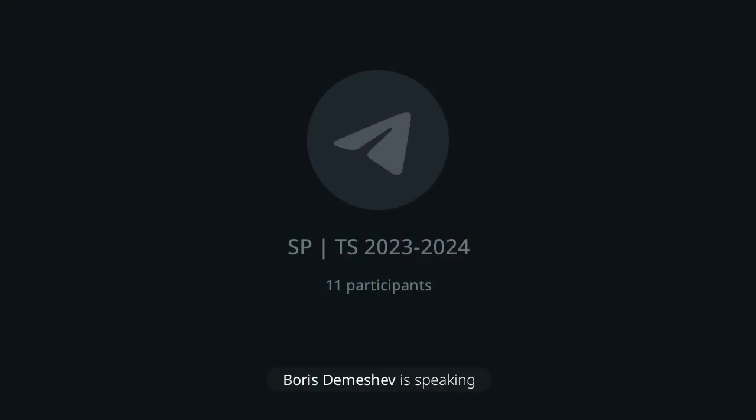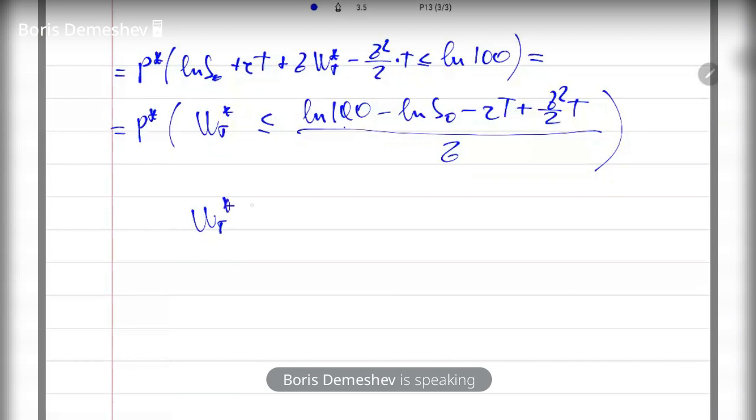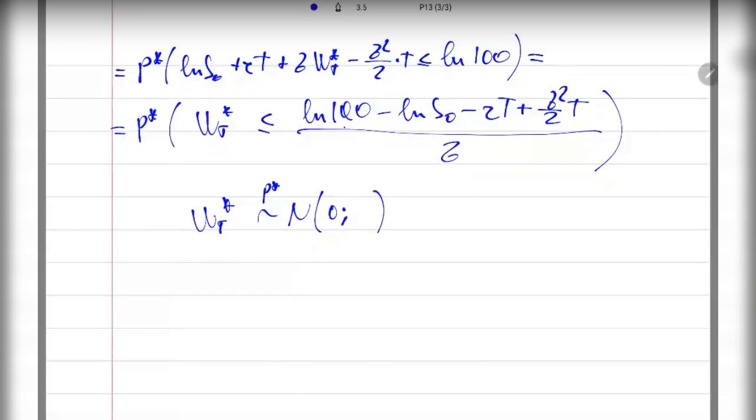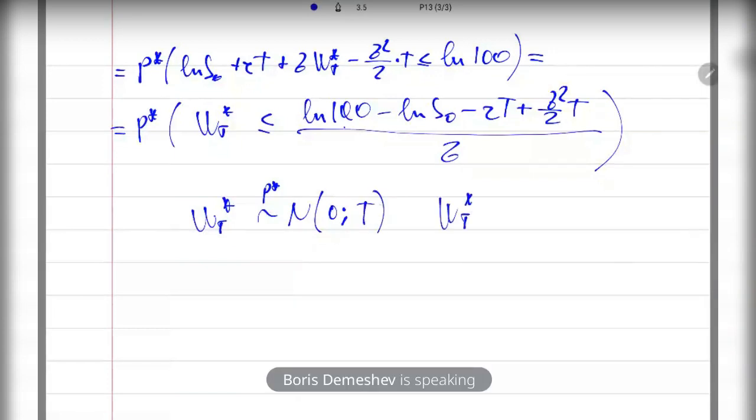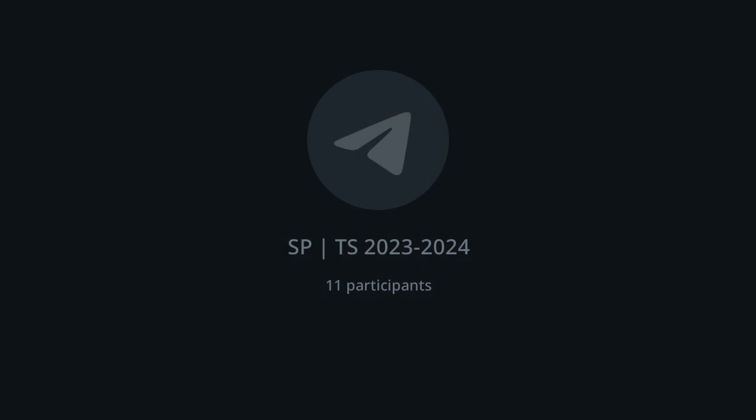We recall from the definition of Wiener process that WT star has normal distribution with mean 0 and variance T. So WT star divided by square root of T has normal distribution with mean 0 and variance 1. So I just standardize my random variable.